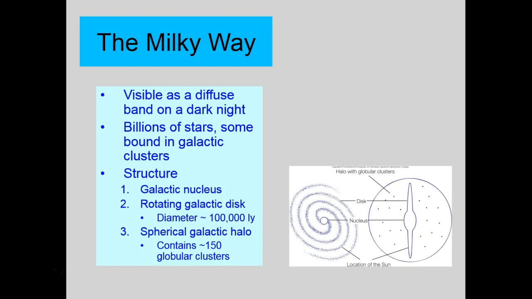And in the center of that nucleus, somewhere in there, is your black hole. Or maybe a few of them, I don't know. Okay. So the spherical galactic halo contains probably 150 of these globular clusters.